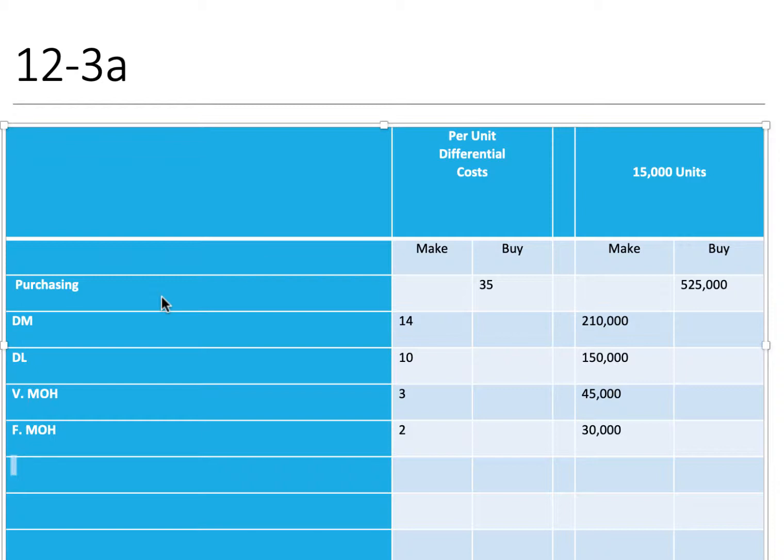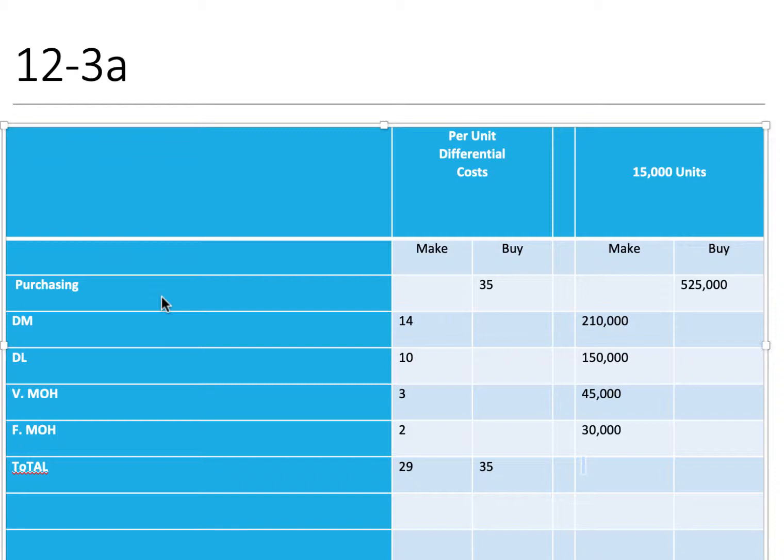Guess what? It's irrelevant. Why? Because it's there under both scenarios. So the total cost for us to make them is $29 versus the $35 to buy them on a per unit basis.